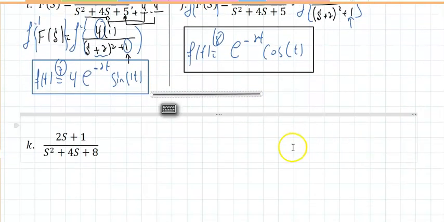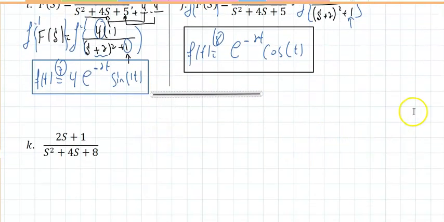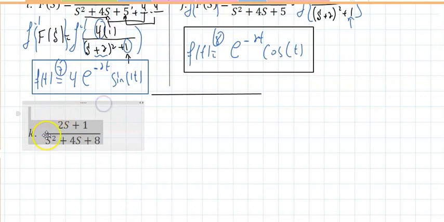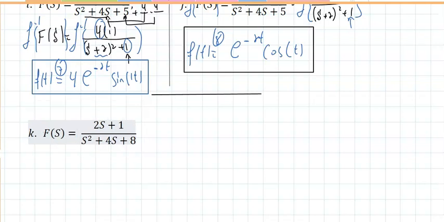And the last problem, that's where things don't match. And that one, oops, I forgot f of s. Forgive me. So this is going to be (2s plus 1) over (s squared plus 4s plus 5).